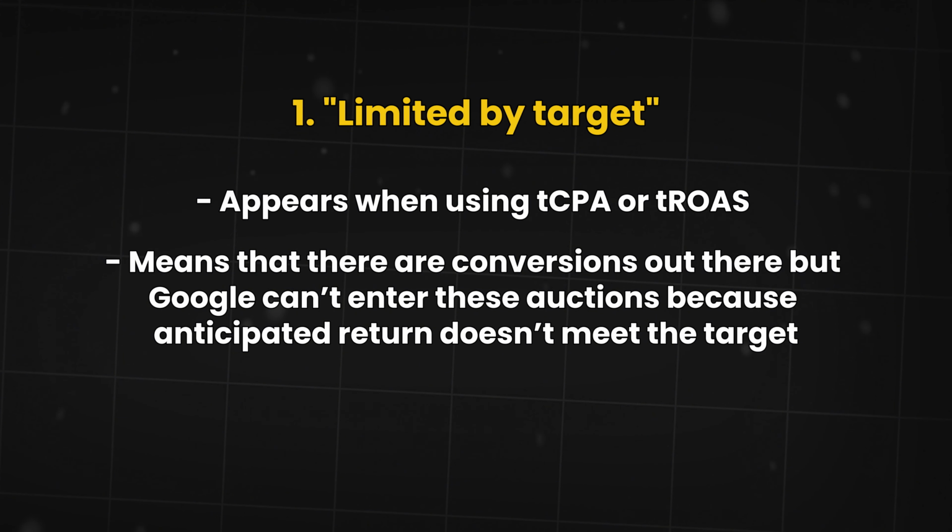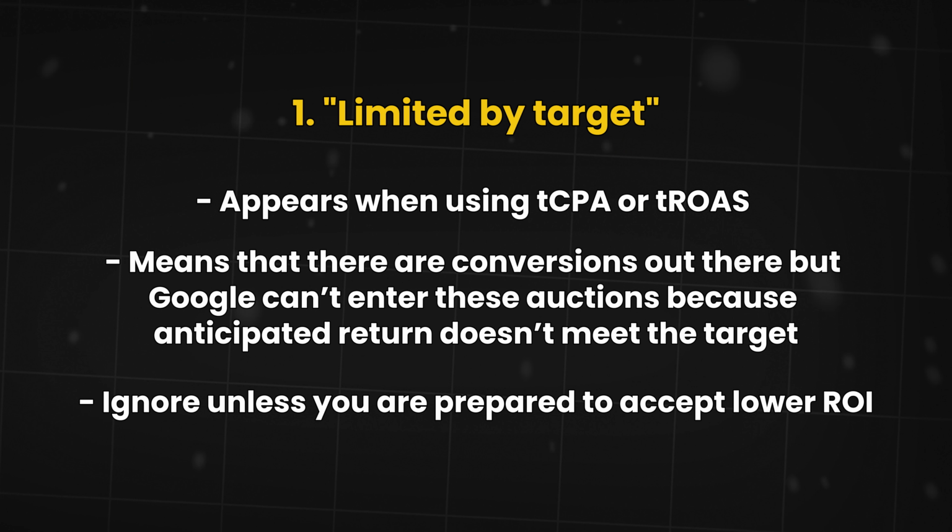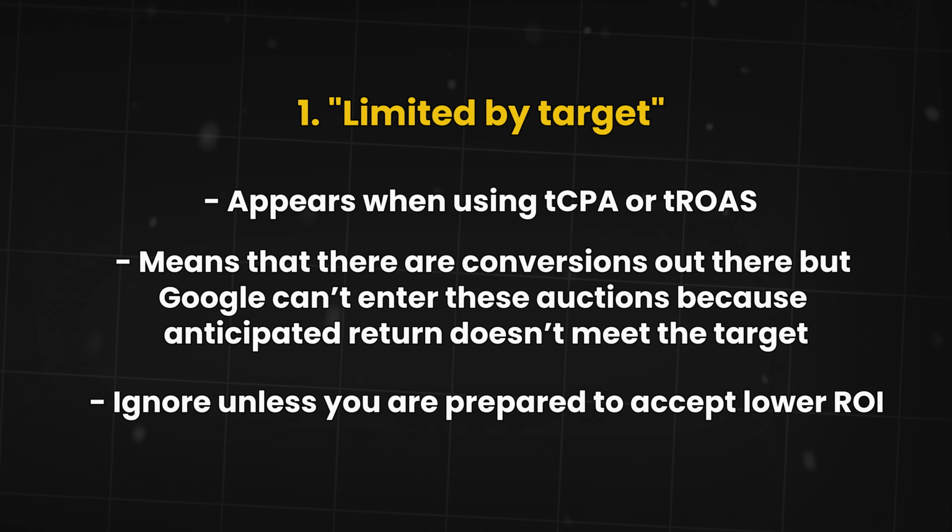It means that there are conversions out there, but Google can't enter those auctions because the anticipated return doesn't meet your target. Essentially, it's telling you that Google has maxed out its auction coverage for your current target. I suggest ignoring this status unless you're prepared to accept a lower return on investment. And if you are, you can obviously adjust your bidding target.